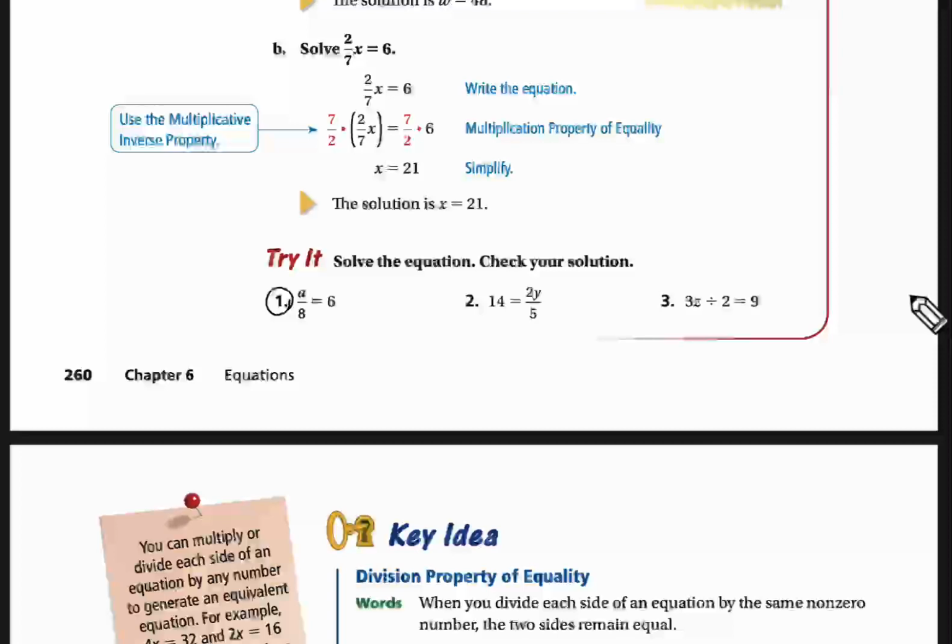Yes, teacher. Can you help me to solve question number 1? Okay, this is the equation. What should we do?